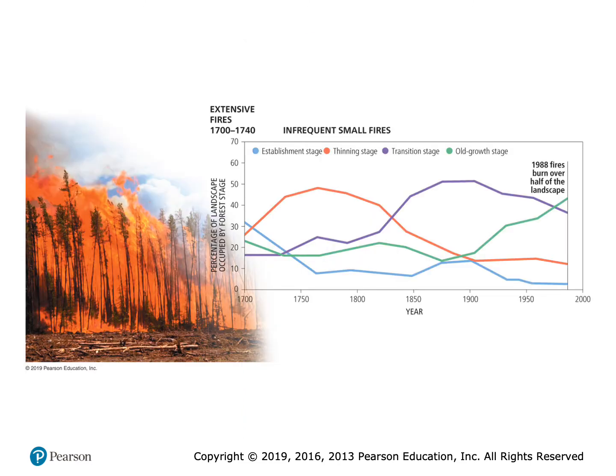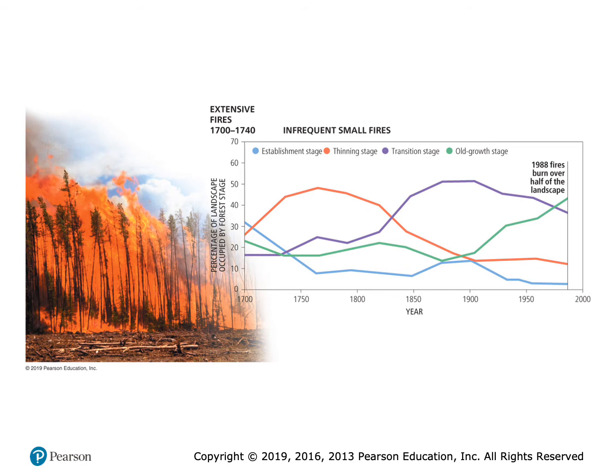Here we can see how forest landscape will change, usually through the course of fires. Between 1700 and 1740, fires burned over half of the forest landscape of the Yellowstone Plateau. In 1740, the landscape was predominantly covered by establishment and thinning stage forest, and by 1850, transition forest patches became the most dominant.